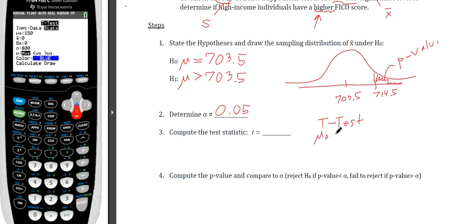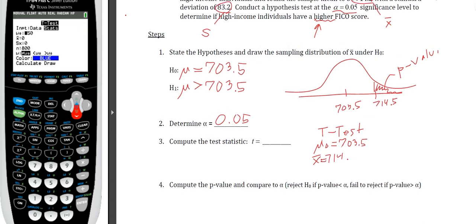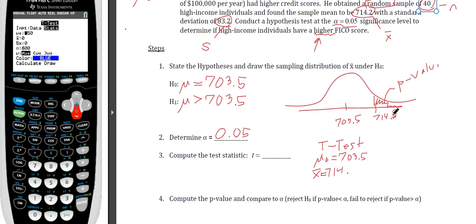Mu sub 0 is 703.5. X bar is our sample mean. That's 714.2. I think I put 0.5 up here, so 0.2. Our sample standard deviation, that's 83.2.